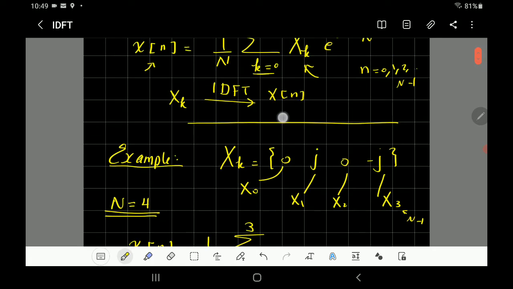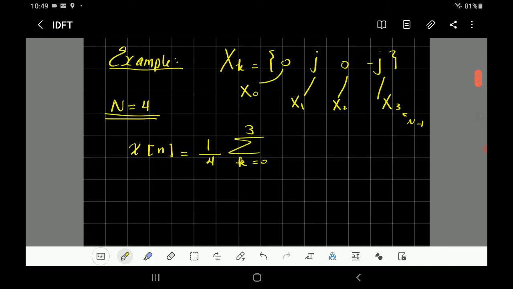The expression says X[k] times e to the power of j 2 pi n k divided by N. Again, we'll substitute N equal 4. 2 cancels with 4 and will be equal to 2, so just make it 2 on the bottom here. So that's the general expression.